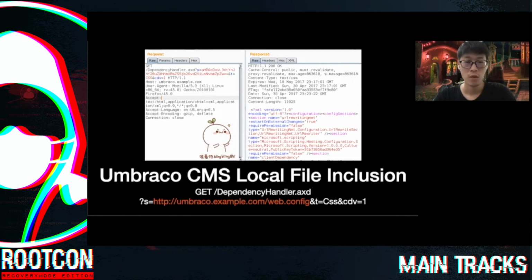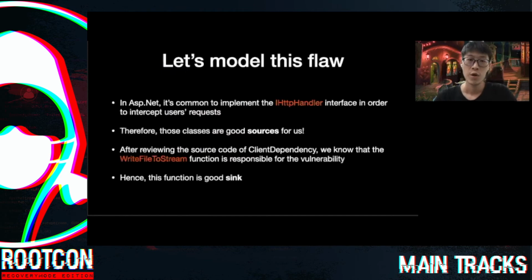For example, as you can see, we specify web.config to be loaded, and this library just reads the content of it and sends it in our HTTP response. So this is a local file inclusion issue that happened before. Yes, the same: we just model this flow and try to find the same or a similar flow happening in ClientDependency with the latest version.